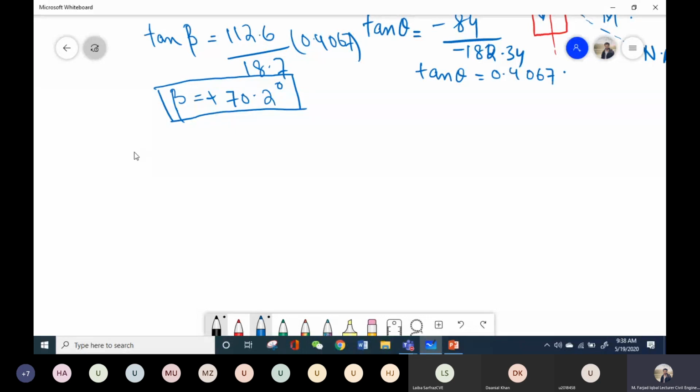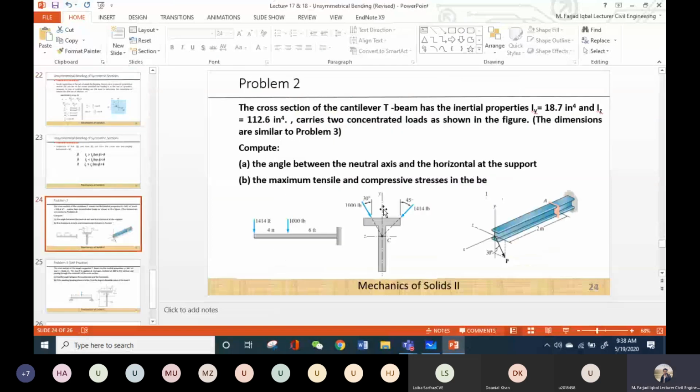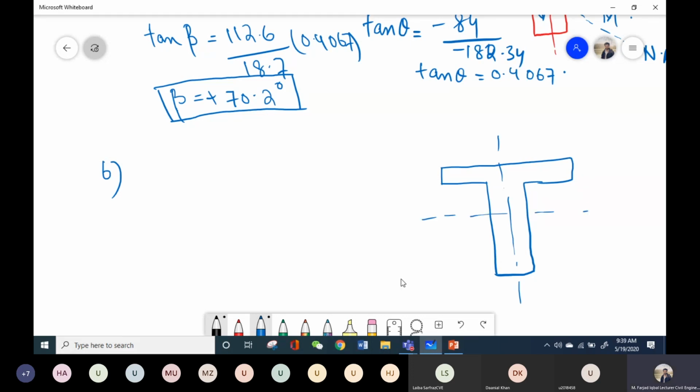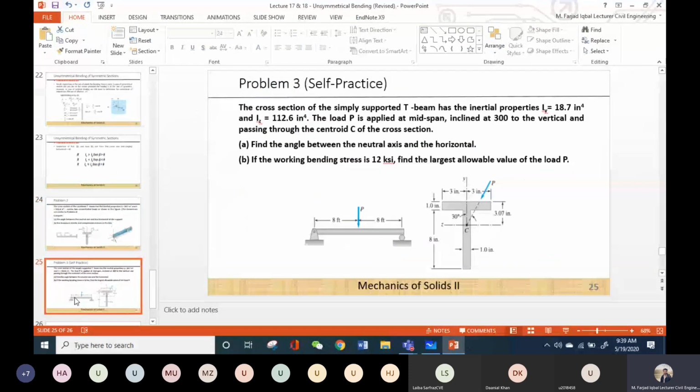Okay. So the next part was I have to compute maximum tensile stress and the compressive stress in the beam. Okay. So this is my cross section. Again, I am telling you that this dimension is same as in problem number 3.